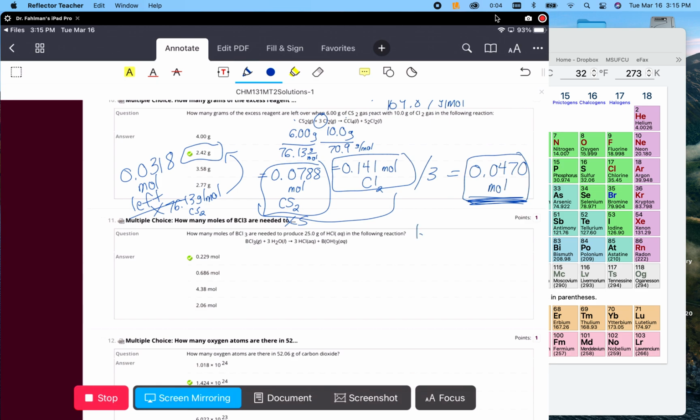So if you want to know what is left, you just subtract the moles of the one that is in excess minus the limiting reagent moles. Okay, so that's how many moles were left over.